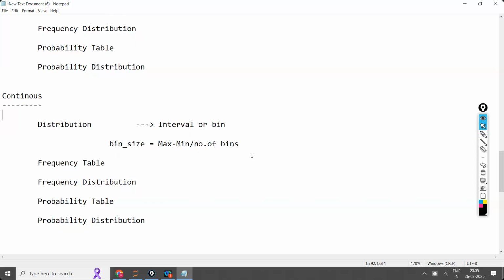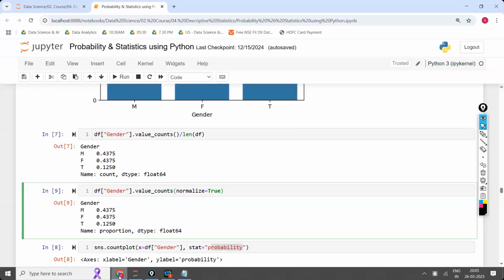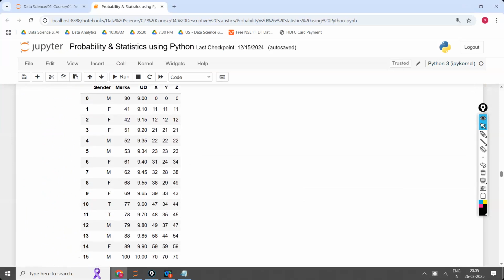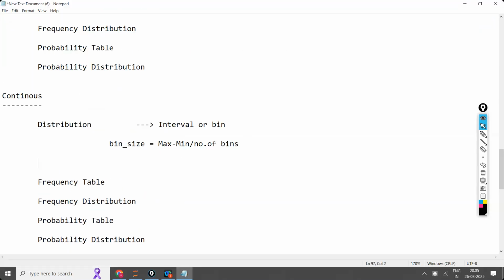Now, let's take this example here. In the photo you have taken, in that, open the marks column. For the marks column, first tell me what is the maximum value? 100. What is the minimum value? 30. These are the first.